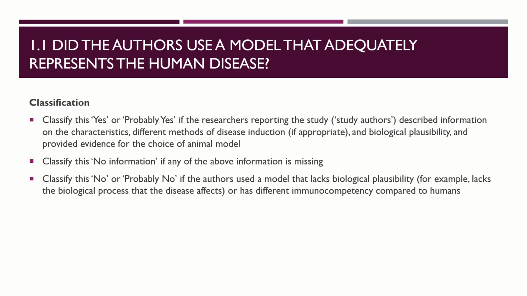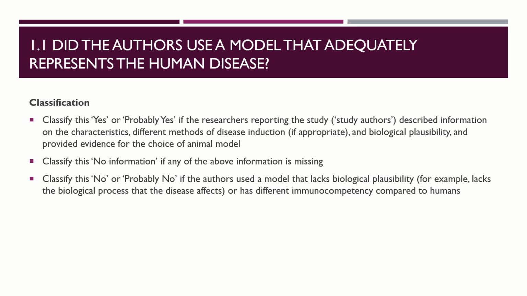How will you classify this signaling question? Classify this as yes or probably yes if the researchers reporting the study, we are going to call them study authors from now on, described information on the characteristics, different methods of disease induction, if appropriate, if they used more than one method of disease induction, and biological plausibility, and provided evidence for the choice of animal model.